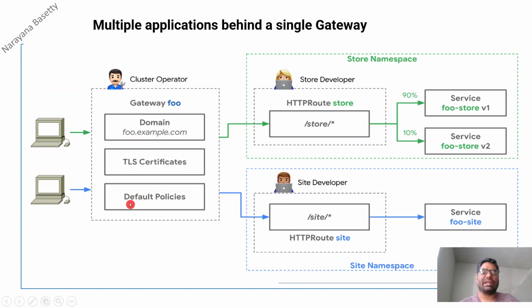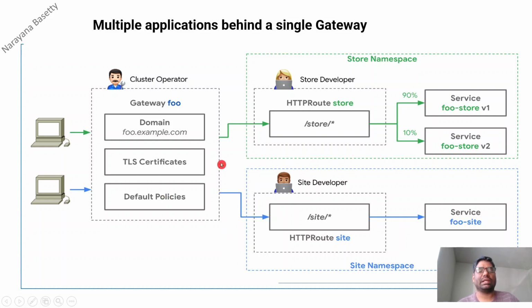This domain they are enforcing with some default policies, whatever policies are required to make sure there are no hackers trying to access it, and transport layer security, TLS. That means your server, wherever it is running, make sure that it is enabled with one-way TLS with certificates, so that all the requests are encrypted over the web. That is the reason. So these things will be performed at the gateway class and gateway level.